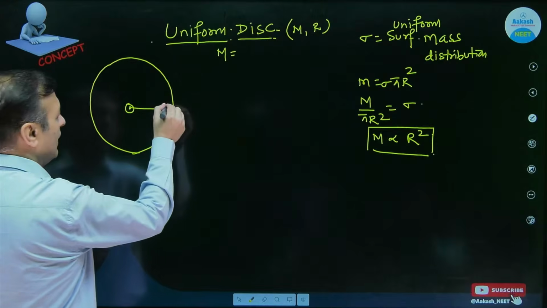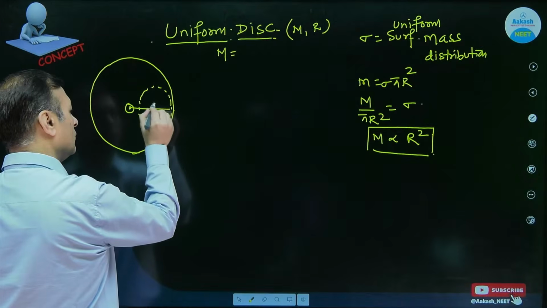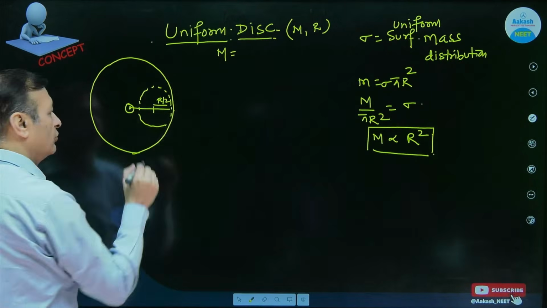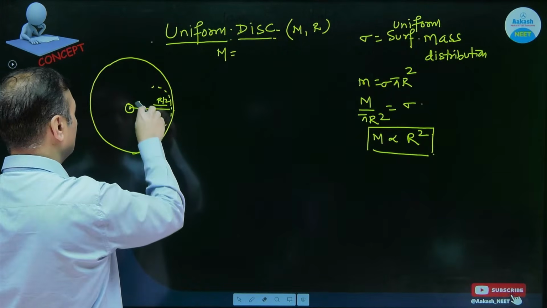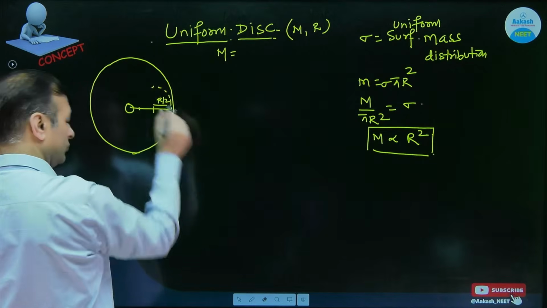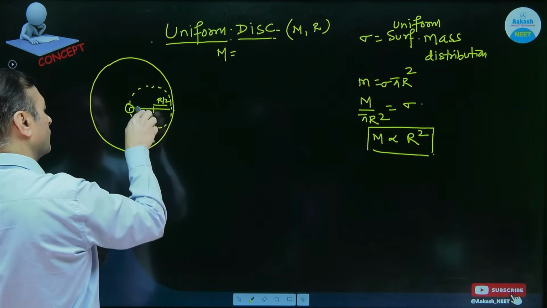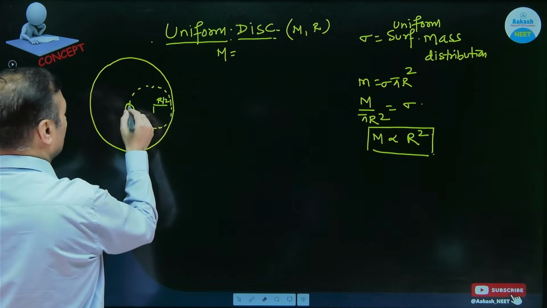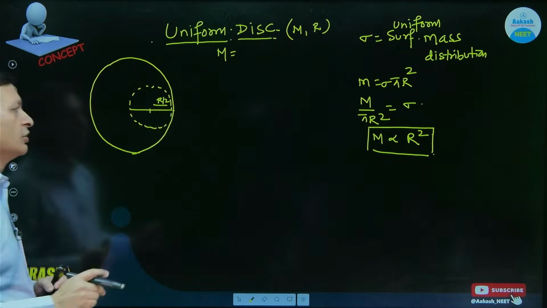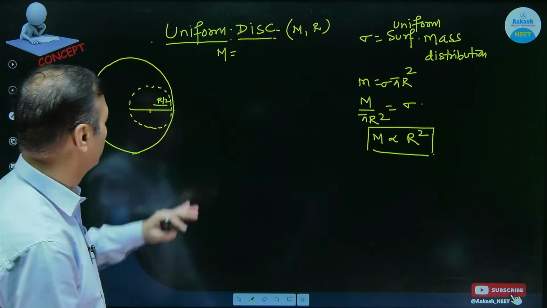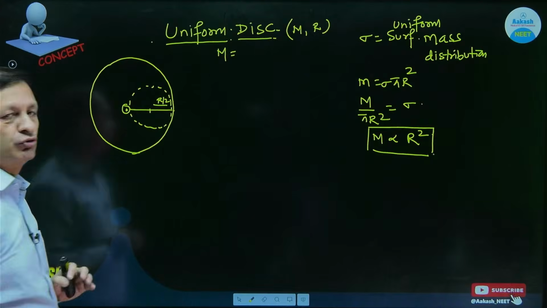Now let's suppose you have a disk of radius r, and a disk of r by 2 is cut and removed. Initially your center of mass is at this position.